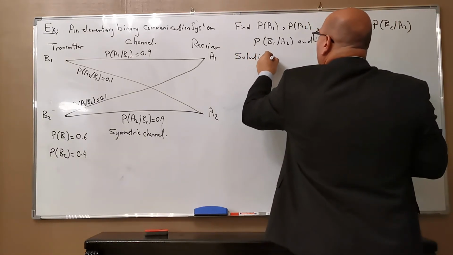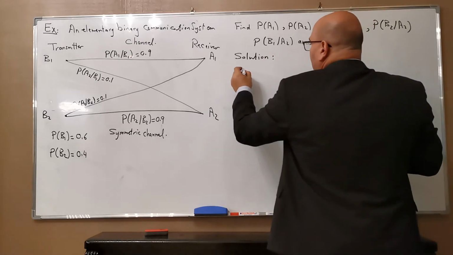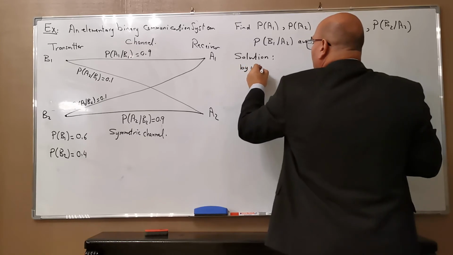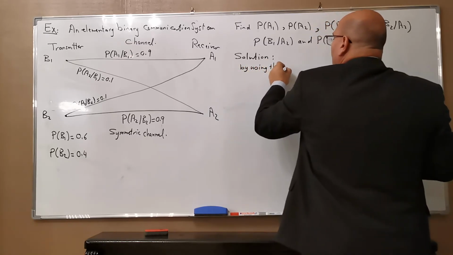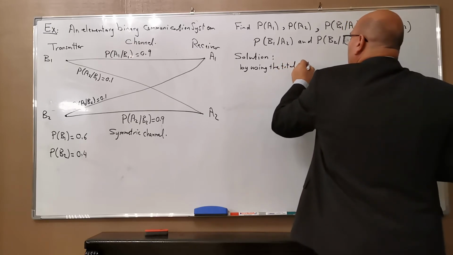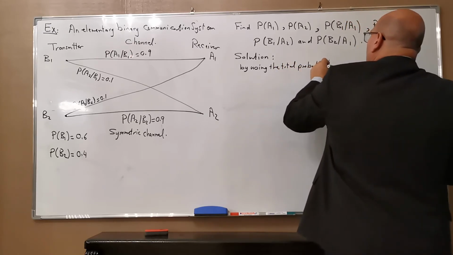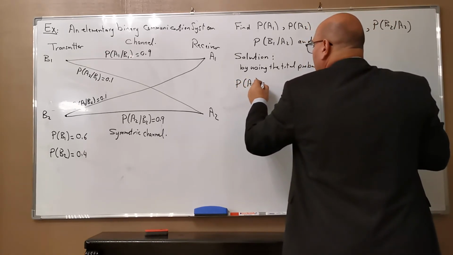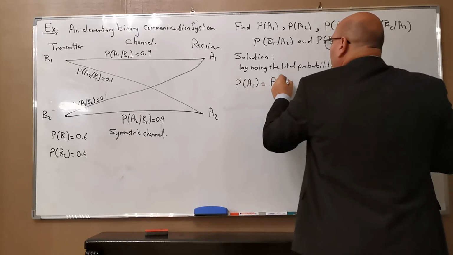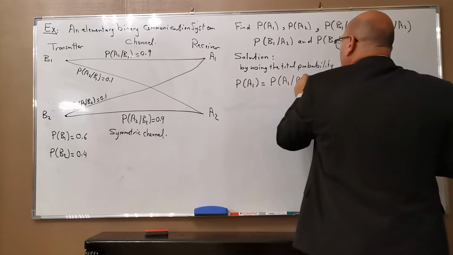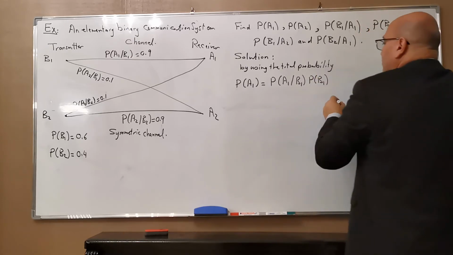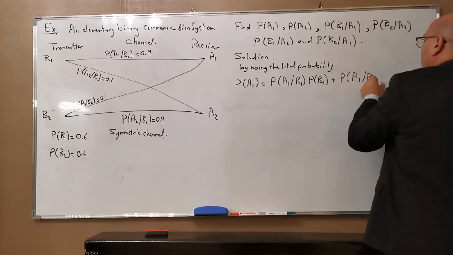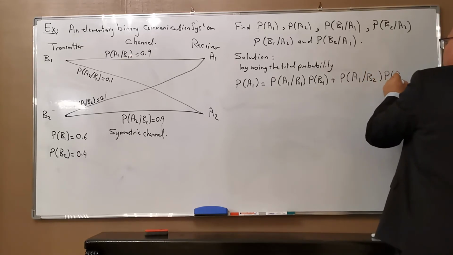Let's go and find what will happen. By using the total probability, the probability of A1 is equal to the probability of A1 given that B1 was sent times the probability of B1, plus the probability of A1 given that B2 was sent times the probability of B2.